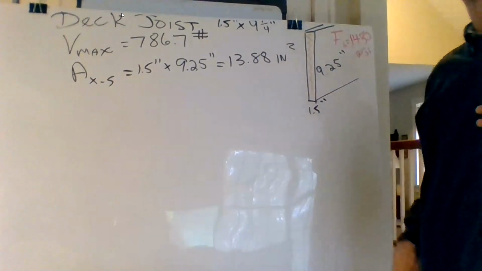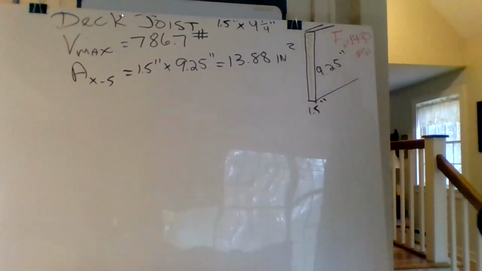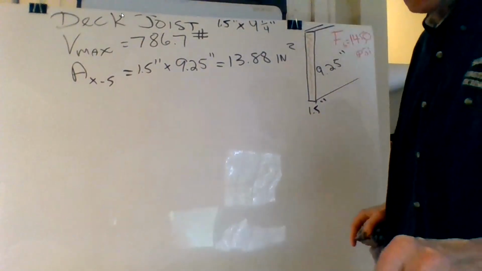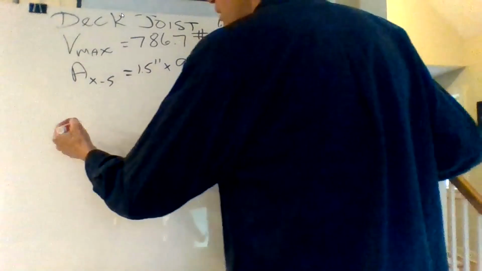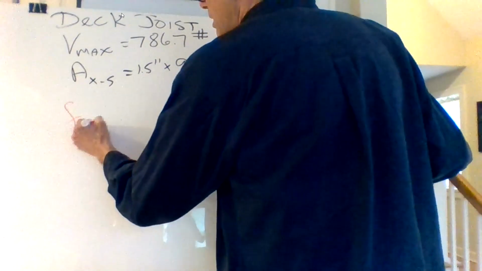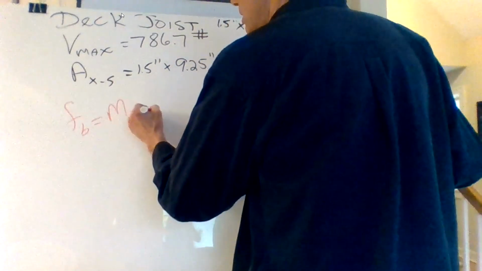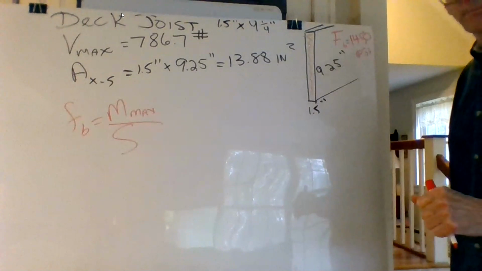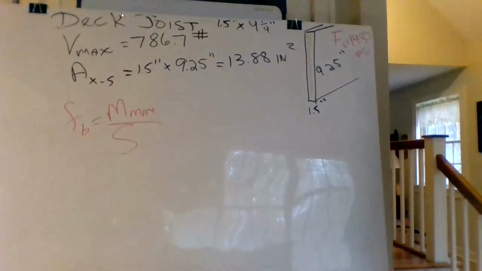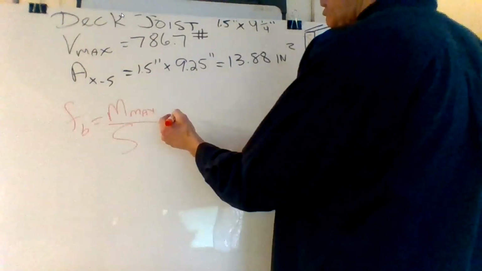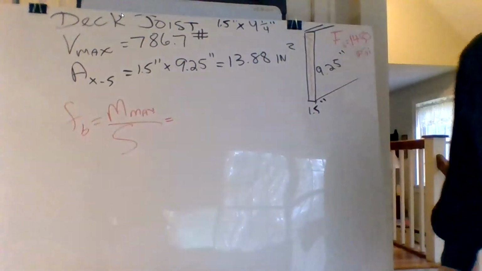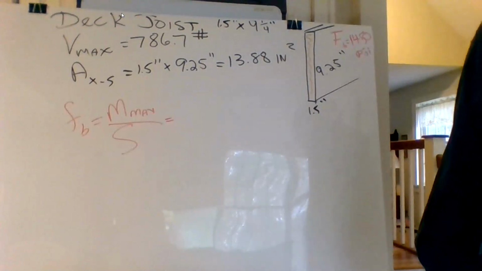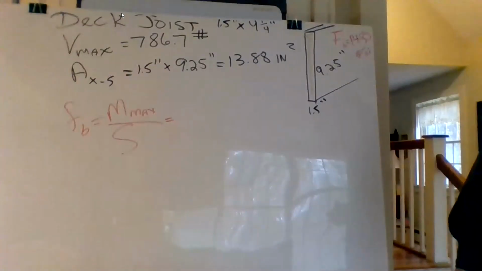Actually we don't need the area because it's M over S. So the bending stress, little FB, is M max over big S, which is the section modulus. What was the maximum moment, folks, from the homework that you did that was due last night?